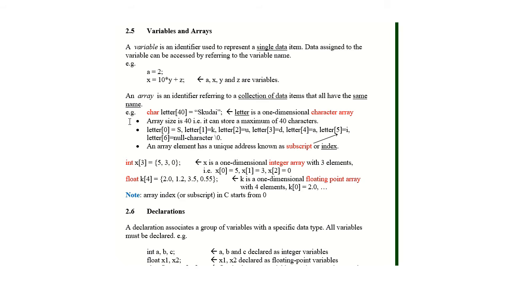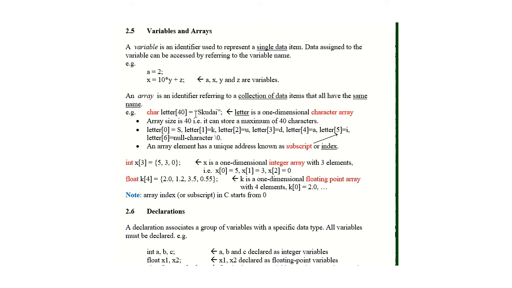In this example, we have char letter. So letter is a character array, size 40, and it stores the string constant skudai. It's a one-dimensional array, size 40. You can store a maximum of 40 characters.